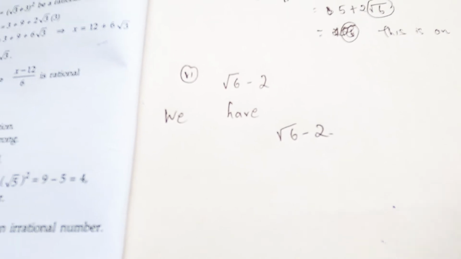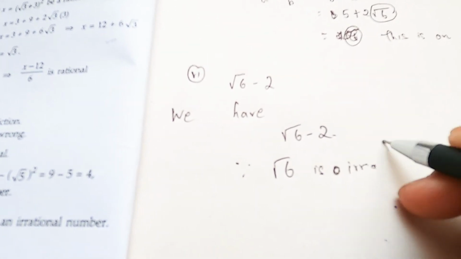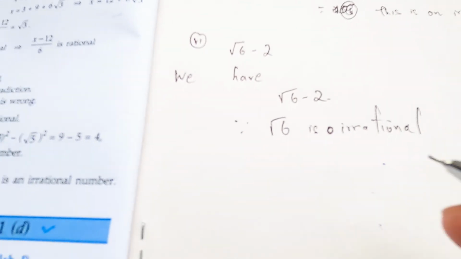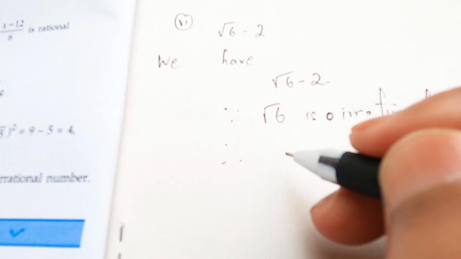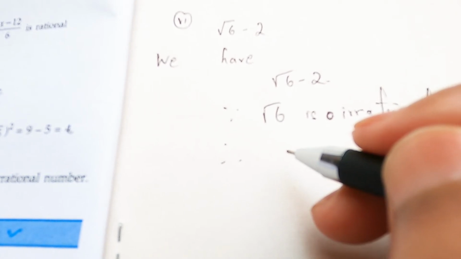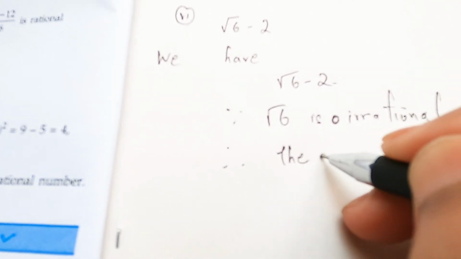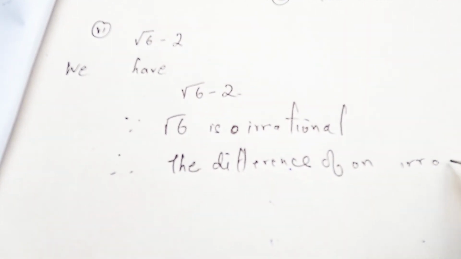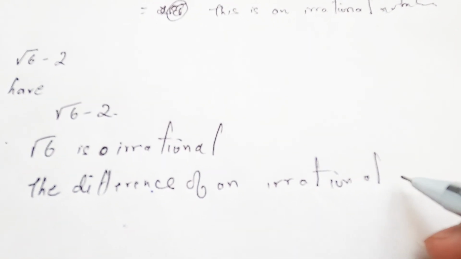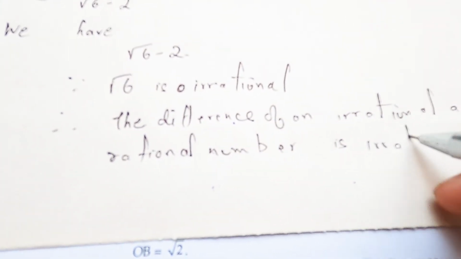All right, so in this case you will write, since root 6 is irrational, therefore the difference of an irrational number and a rational number is irrational.